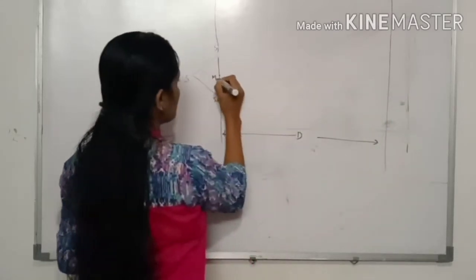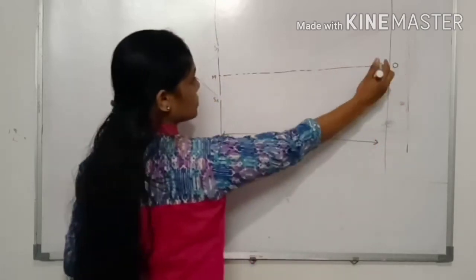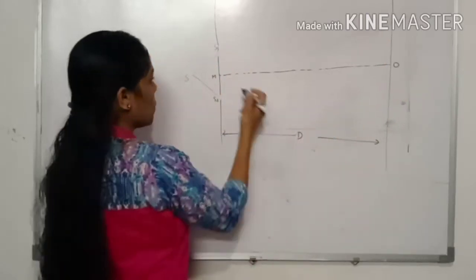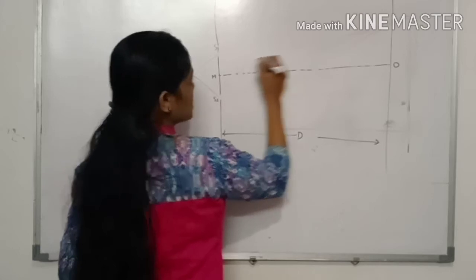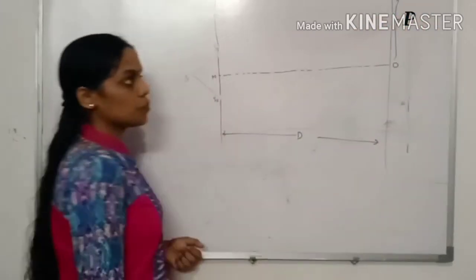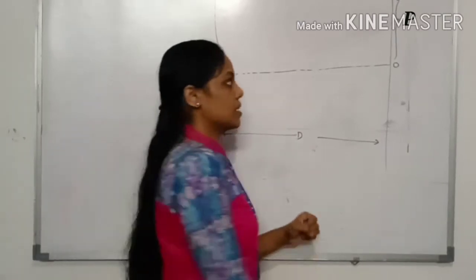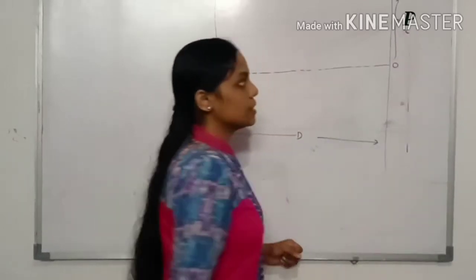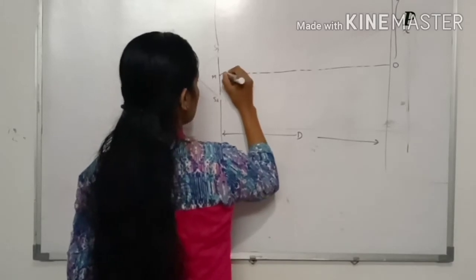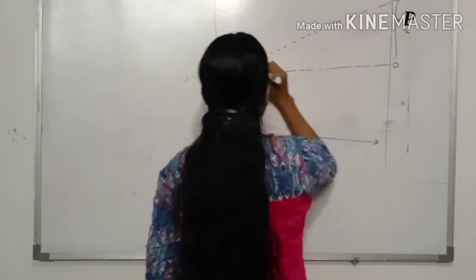This is the midpoint M, and from M the midpoint, the screen center is O, and let P be the arbitrary point where we have to find whether it is constructive or destructive interference. From O, let x be the distance to P, and let us take this angle as theta.